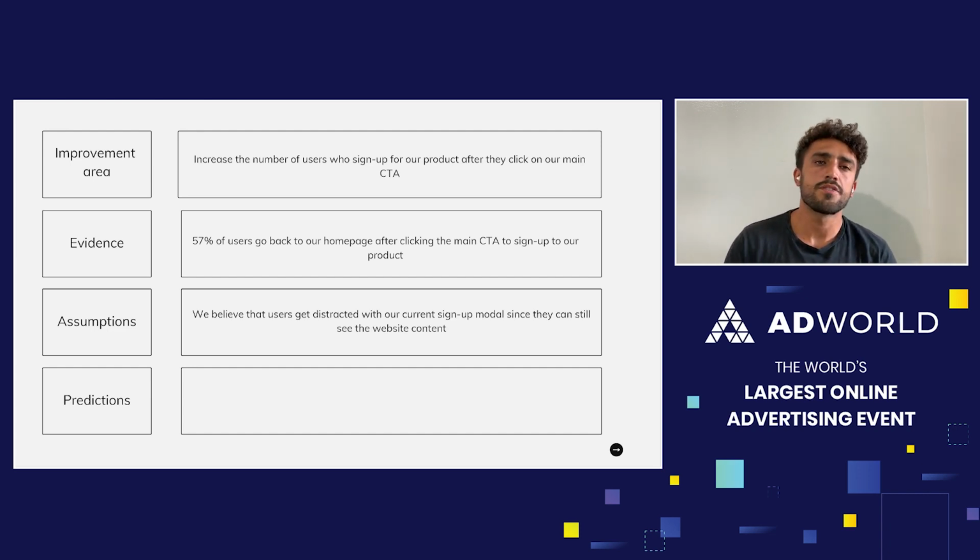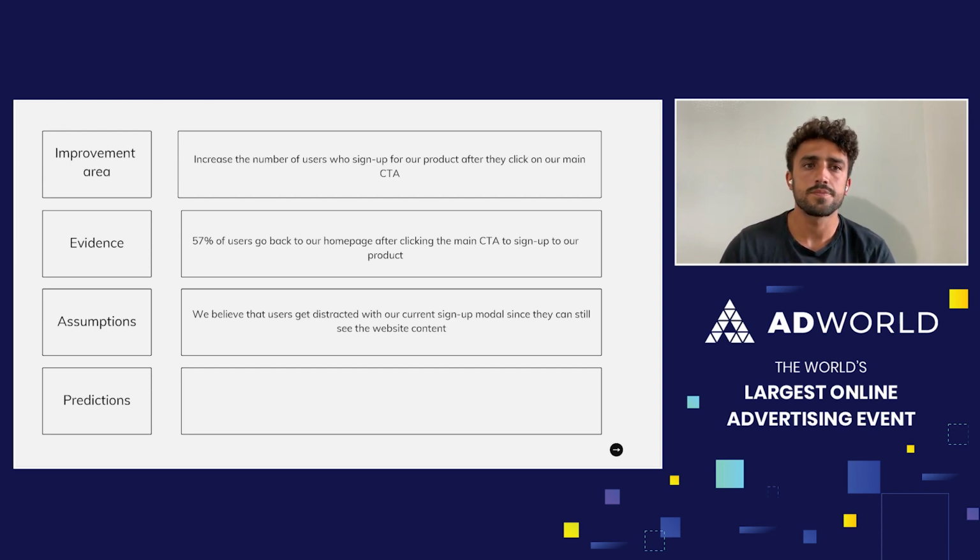Now, since we identified the area we want to focus on, we have some evidence to back us, and we believe we know the reason why we're seeing this behavior, we want to make sure that we have our prediction. This prediction is basically what will happen in case our assumption is correct.